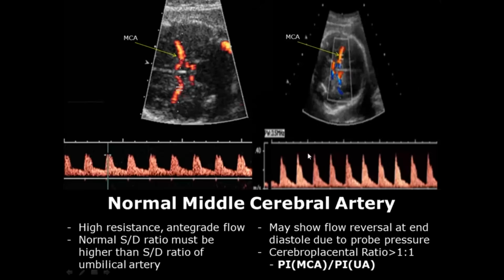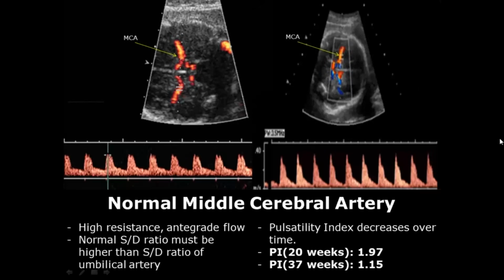The cerebroplacental ratio can be calculated by using this formula: pulsatility index of MCA divided by pulsatility index of umbilical artery, and it should be more than 1:1. If it is less than 1:1, it will be abnormal. The pulsatility index is another parameter to measure blood flow resistance.